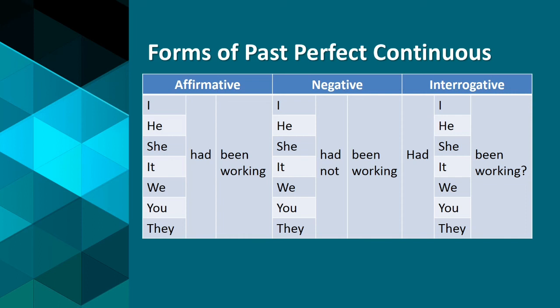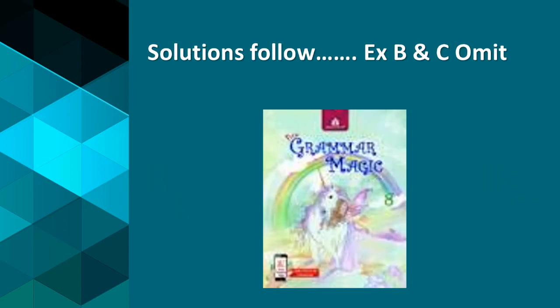So he had been working in the affirmative. He had not been working in the negative. Had he been working in the interrogative. So these are the 3 forms in all the 4 forms of past tense. So this was the concept of past tense that was revised.